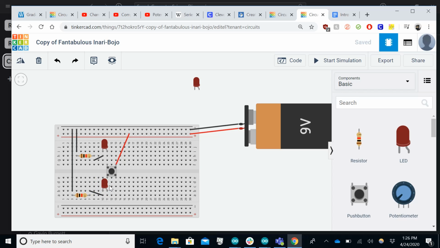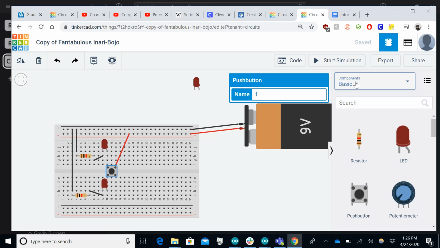And both of those positive poles connect to this left side of our push button. And at this point, no electricity would be flowing unless I press this button. When I press this button, the electrons, the negative energy, moves from this side to this side and goes through the positive.